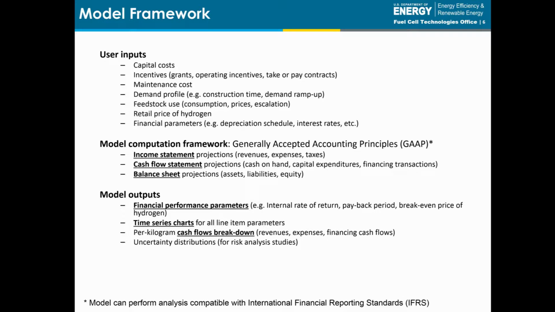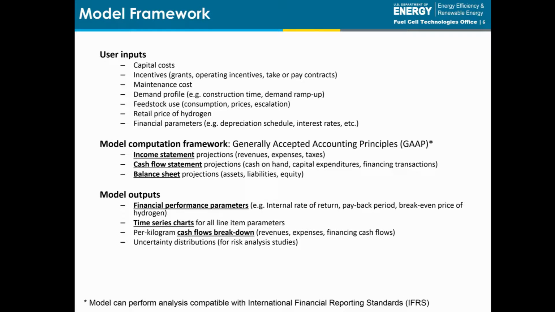If you want to see how your hydrogen sales are assumed year by year, or if you want to look at cash on hand or what have you, you can pick and the model will plot out any of those parameters. We also have a breakdown on per kilogram of dispensed, what is the levelized contribution for all the cash flows associated with the operation, and that means all the cash flows including operating expenses, including financial transactions, and really we break out all of them.